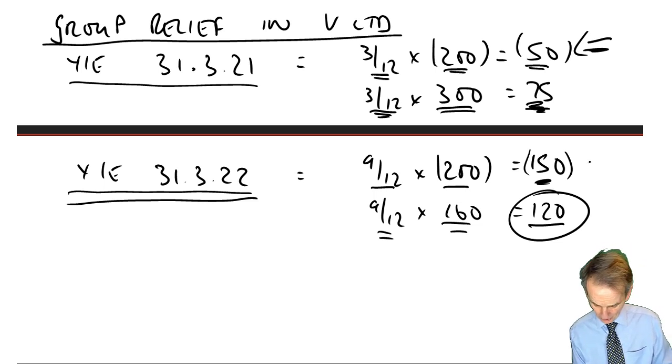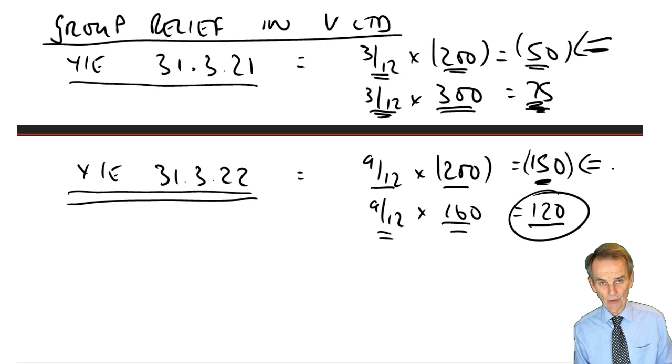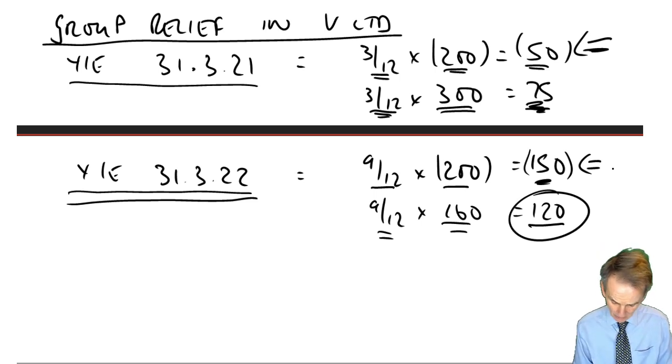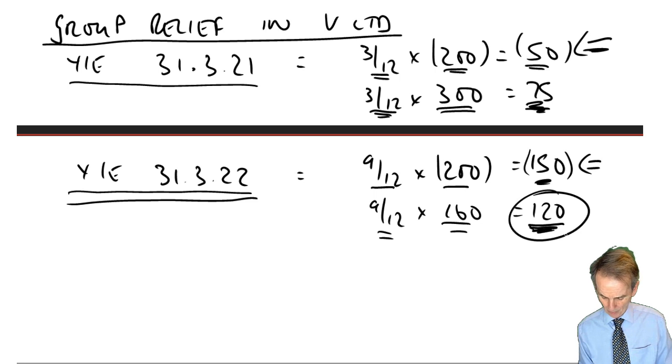So although there's £150,000 worth of loss available to be group relieved here, the maximum claim is restricted to the profit eligible to receive that group relief, the claimant company's available profit of £120,000. We would then consider, well, that will still leave some £30,000 of loss.